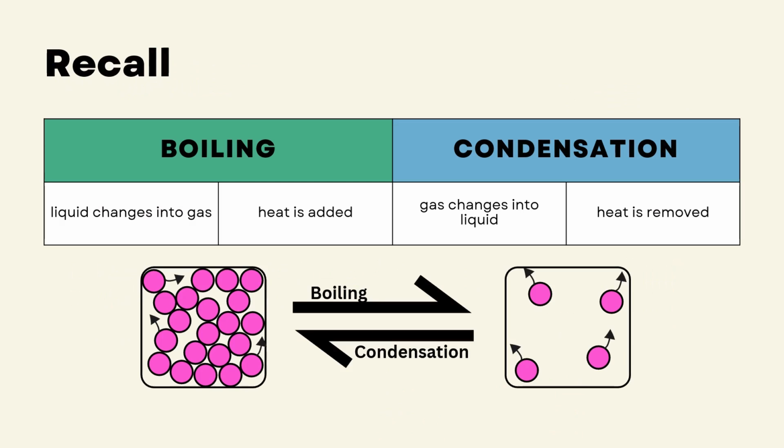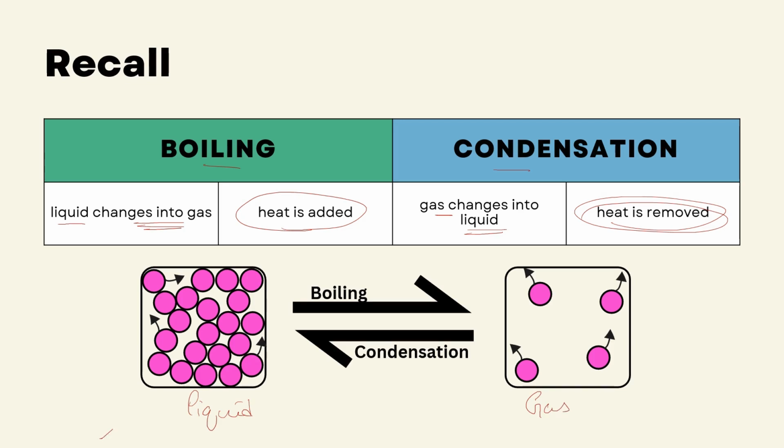Recalling boiling and condensation. Boiling is when liquid changes into gas when the heat is added, whereas condensation is when gas changes to liquid when heat is removed. This is liquid and this is the arrangement of particles in gases.